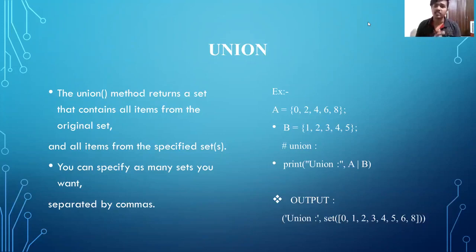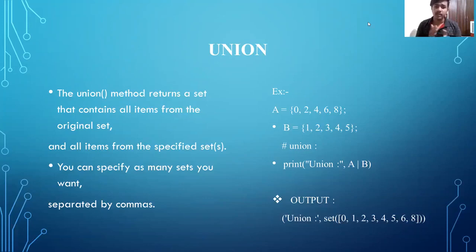You can specify as many sets as you want, separated by commas. It does not have to be a set; it can be any iterable object. Syntax for union: set.union(set1, set2, set3). As many sets as you want to union, you can add in the brackets.